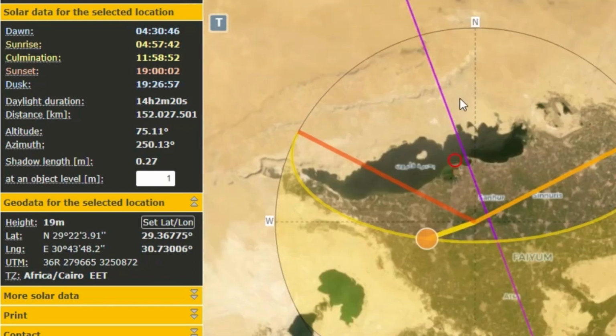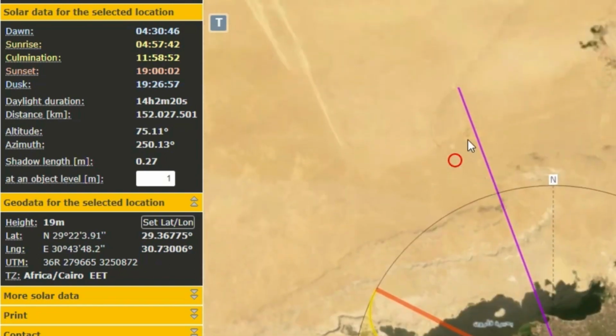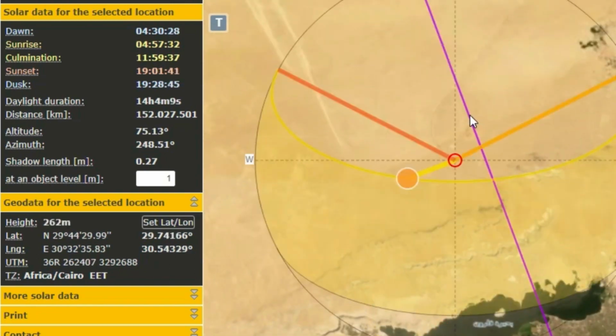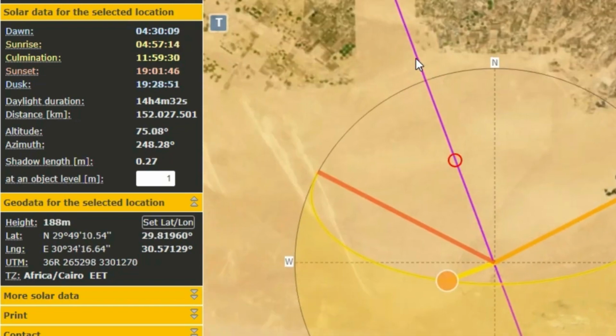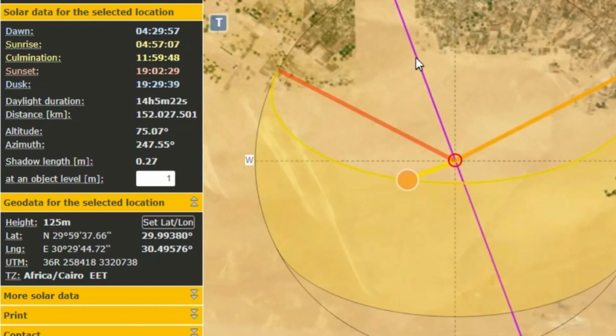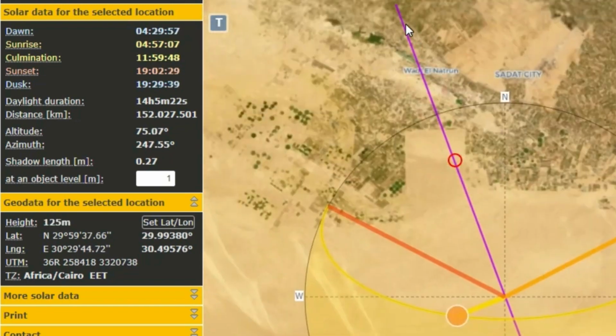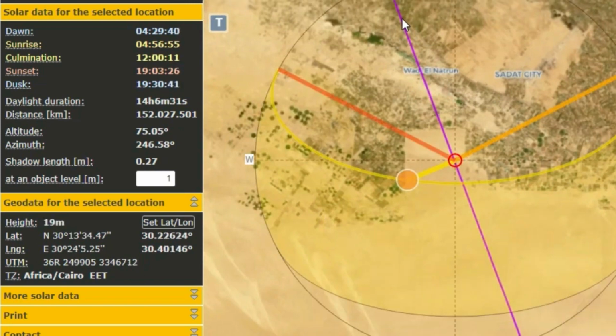Get out of here, it's impossible. Yeah, they cannot measure 800 kilometers. That would be more like 1600 kilometers with this terrain. Here, 19 meters.